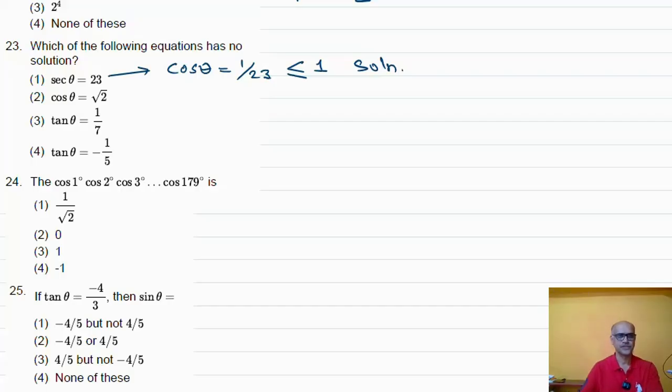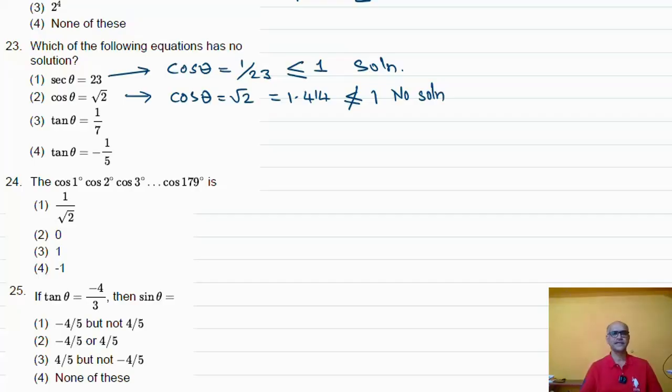Cos theta is root 2 is given in the second. Root 2 is 1.414. So this is not less than or equal to 1. It means this has no solution because the cos value will be less than or equal to 1. So option 2 is our answer. Tan theta can be 1 by 7 or minus 1 by 5. So our answer is 2.